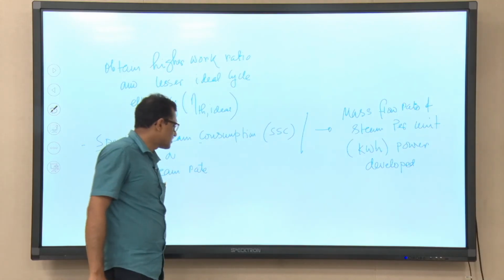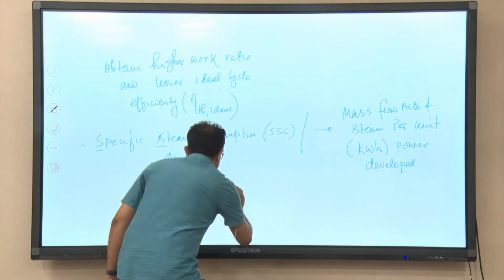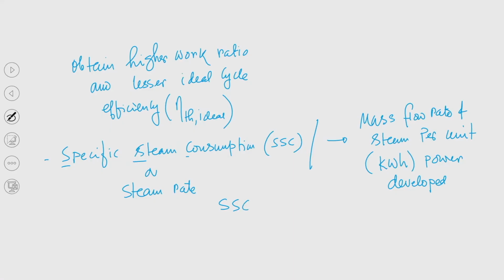So, what is SSC? If we write this SSC, that is specific steam consumption, that is nothing but 1 by W net, kg per kilojoule, right. That is mass flow rate of steam per unit power developed.